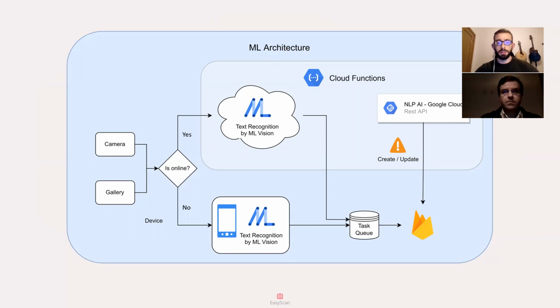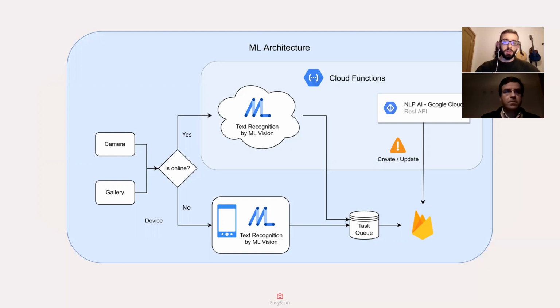Doing that, let's consider that the application is online. We're going to use the Cloud Functions component, which is a Google service that allows us to have some server actions, even without having and managing a server.